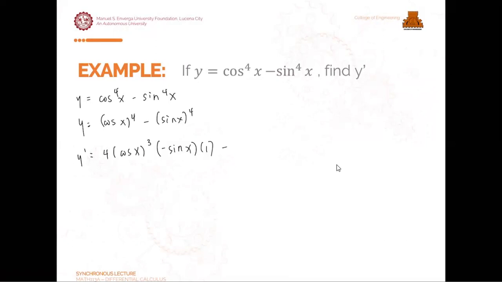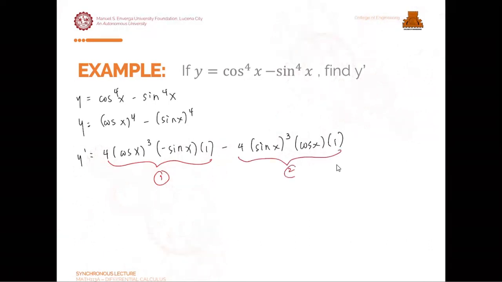Then minus 4 sine x cubed times the derivative of sine, which is cosine x, and the derivative of x is 1. This is the derivative of our second term.